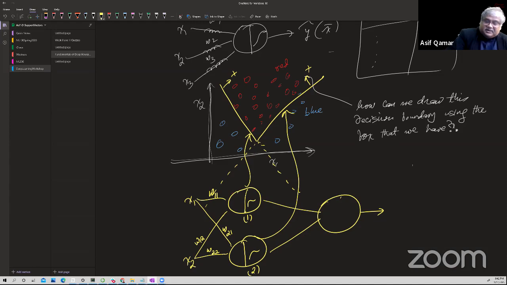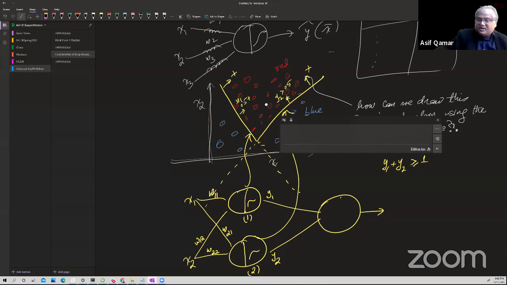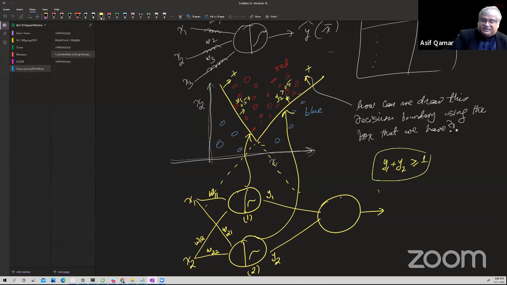Let me call the outputs Y1 and Y2. You can say that Y1 plus Y2 should be greater than or equal to 1, because this is more than 50%, 0.5 in this direction for Y1, and Y2 is greater than 0.5 in this direction, right? So in this region, you can be pretty sure that no matter what, this condition will be roughly true. Are we getting there, guys?